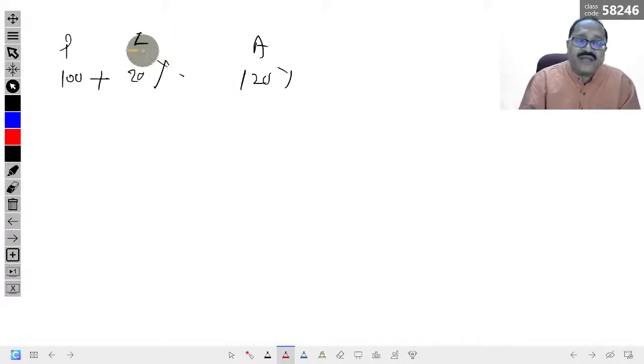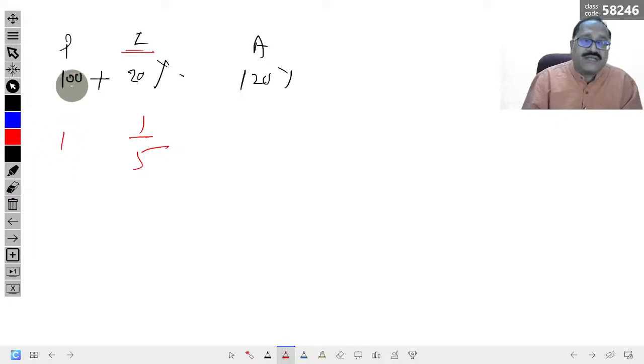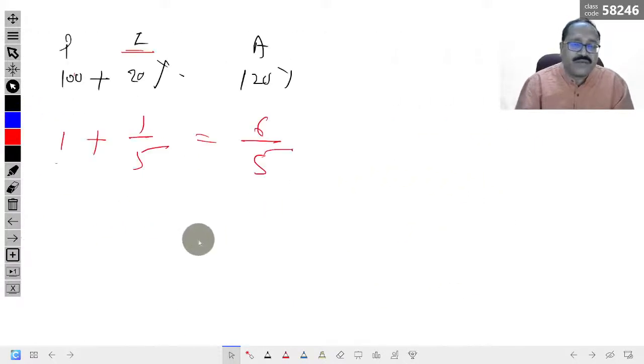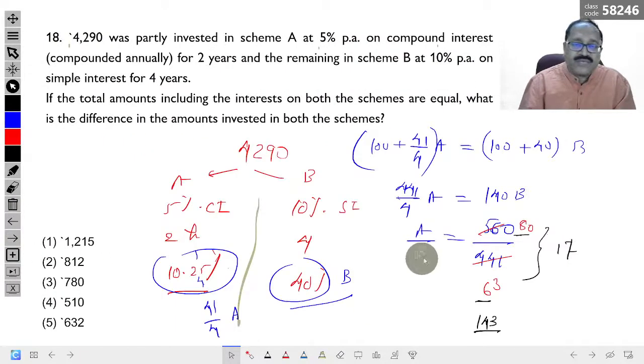If I take the interest in fraction 1 by 5, then I will consider the principal as 1, because 20% in fraction is 1 by 5, Pritam. So if I take the fraction, then the total in terms of fraction is 1 plus 1 by 5, which I will take as 6 by 5. As in the previous question, we were working with the percentage. Here 40%, so 100 plus 40, 140% here. Hope I could make it clear.